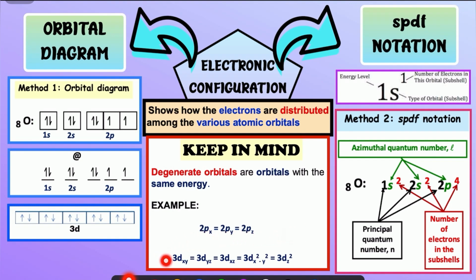Same for the orbital 3d. Orbital 3d has 5 orientations, and the orbitals are 3dxy, 3dyz, 3dxz, 3dx²-y², and 3dz². And the electrons that occupy these orbitals have the same amount of energy. So we call these orbitals the degenerate orbitals, orbitals with the same energy.